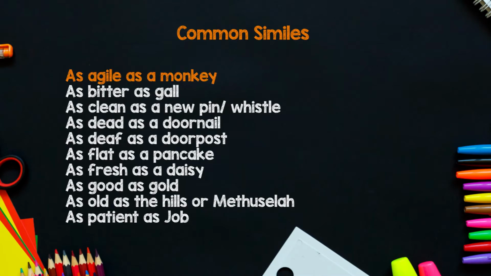We have as agile as a monkey, as bitter as gall, as clean as a new pin, or as clean as a whistle, as dead as a doornail, and as deaf as a doorpost, as flat as a pancake, as fresh as a daisy, as good as gold, as old as the hills or Methuselah, as patient as Job.